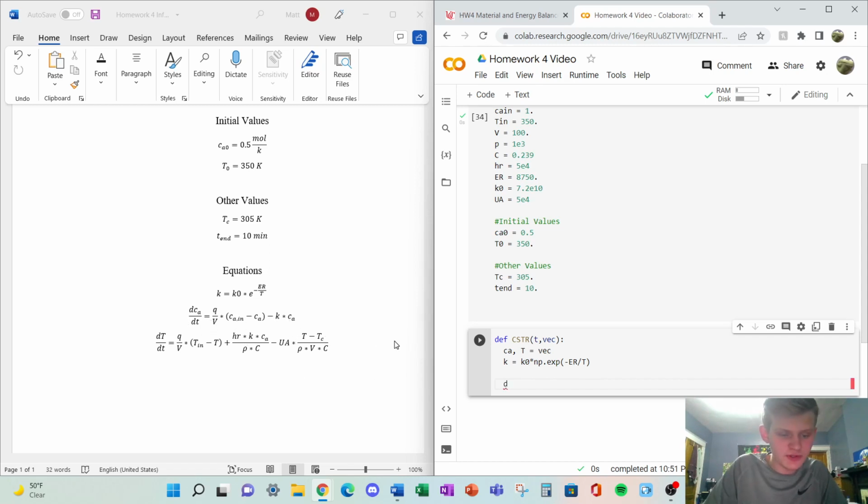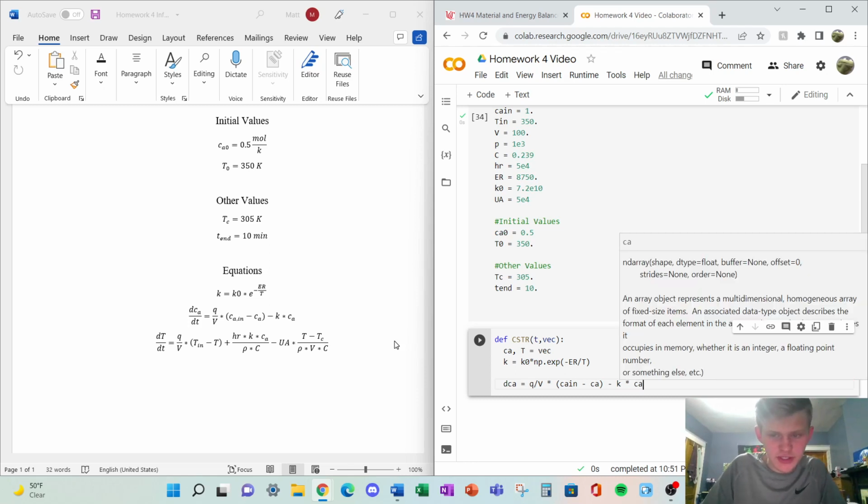We're going to call this our rate of change for our concentration, so we'll call it dCA. And that is going to be equal to our flow rate in divided by our volume of the tank, multiplied by our concentration going in minus our concentration of the tank, or concentration going out, because they both are the same since it's a constantly stirred tank, minus our reaction rate multiplied by our concentration.